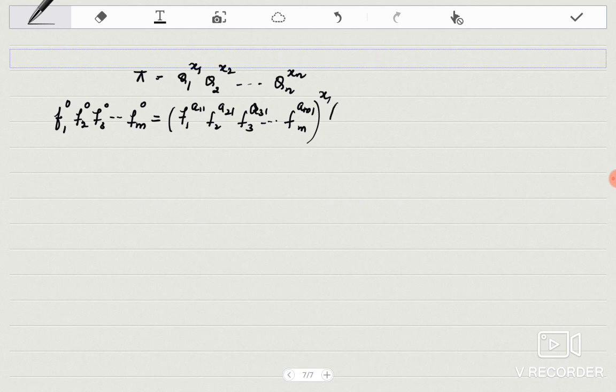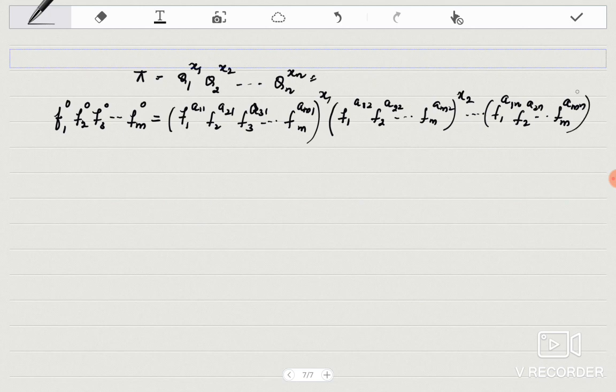Similarly q2 will be f1 a12, f2 a22, likewise fm am2 raised to the power x2. Finally f1 a1n, f2 a2n and fm amn raised to the power xn.